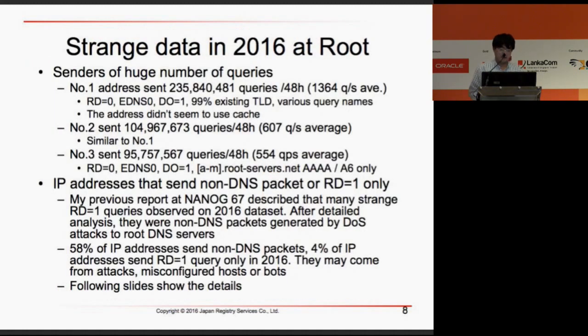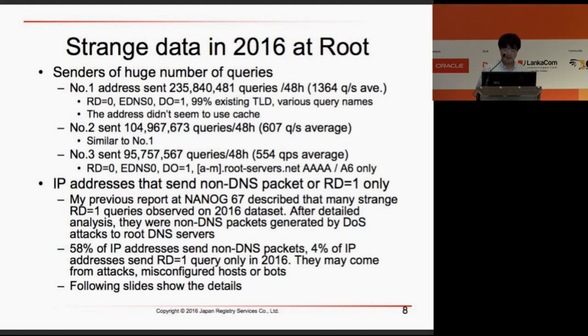Then there are some types of strange data in the 2016 data at root. One type is senders of a huge number of queries.